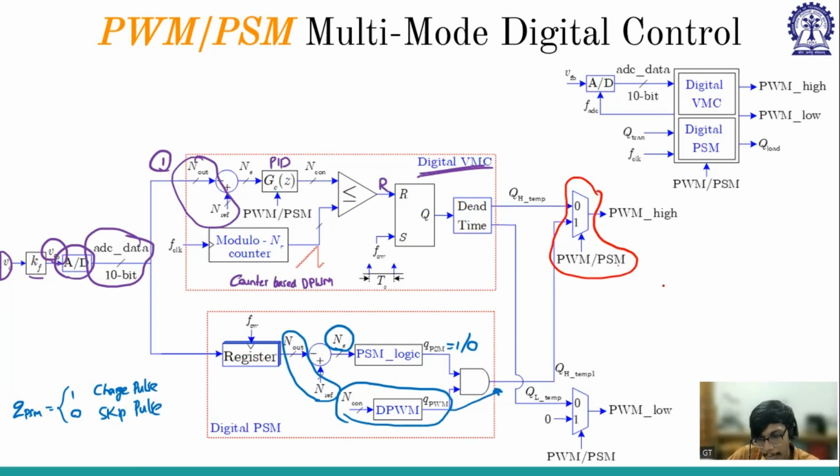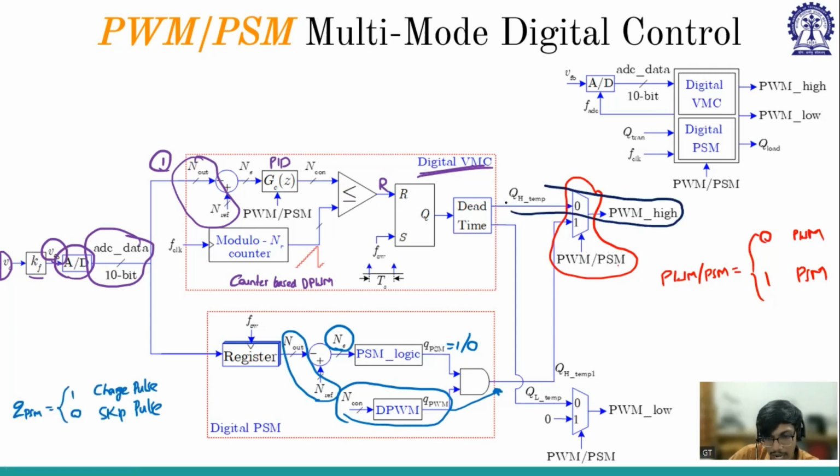PWM / PSM is again 1 bit. If it is 0, it means PWM operation. If it is 1, it means PSM operation. So if it is 0, our PWM high will be the high side gate pulse coming from the PWM. Similarly, if it is 0, it is the low side coming from the PWM operation.